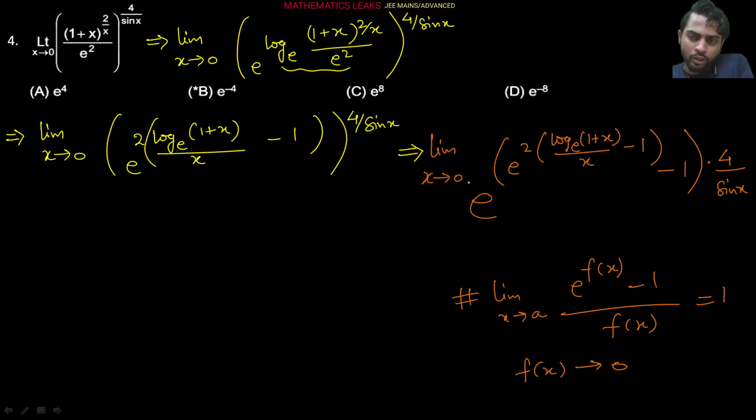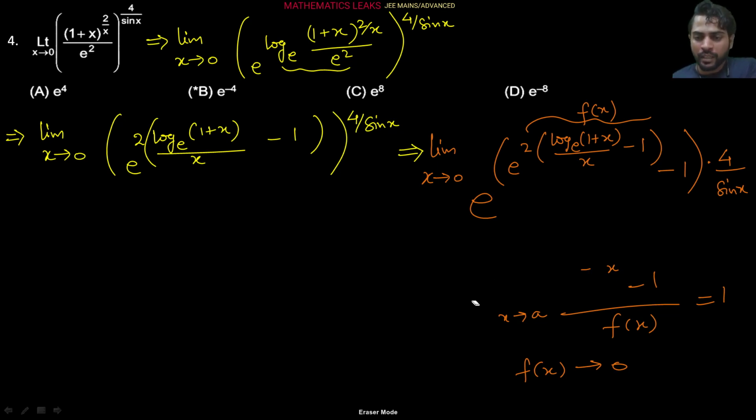So this quantity is like f(x): e to the power f(x) minus 1 with f(x) in the denominator. So I have to write this quantity in the denominator, and the same quantity we will multiply in the numerator also.